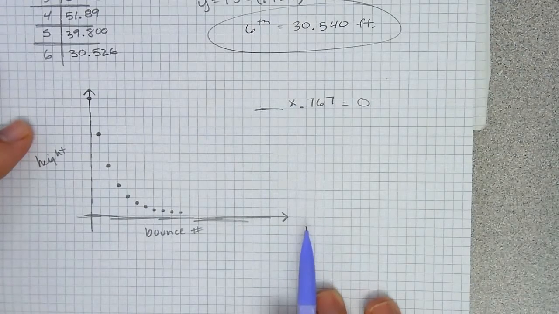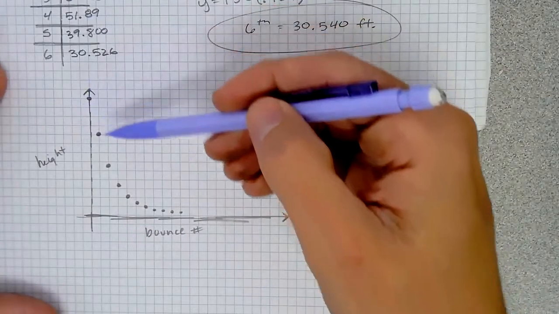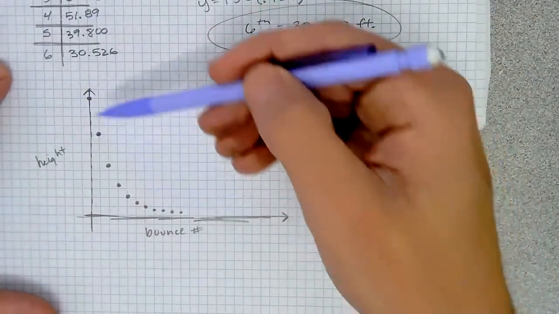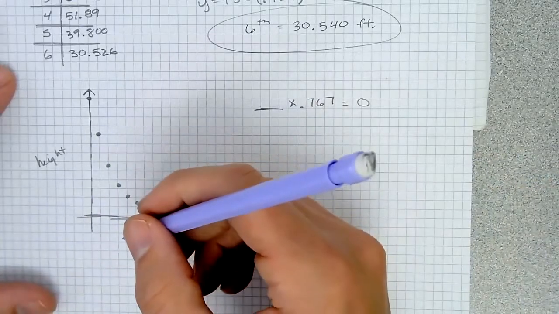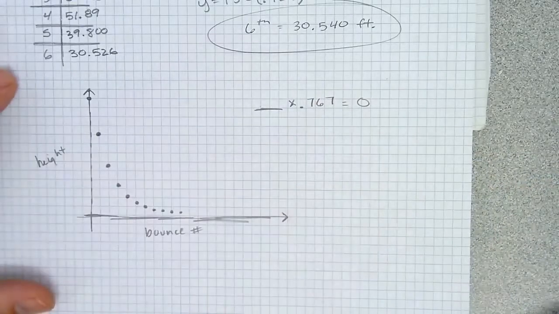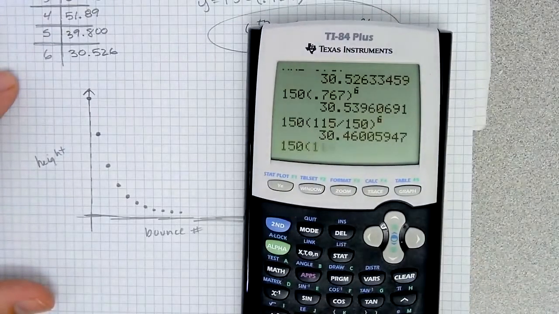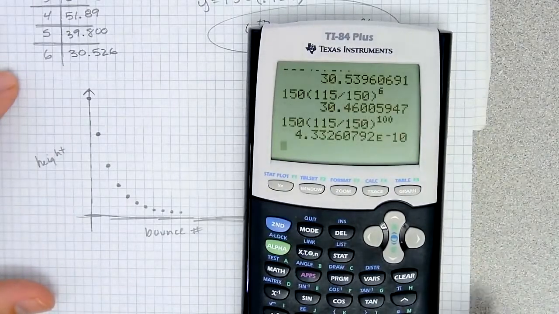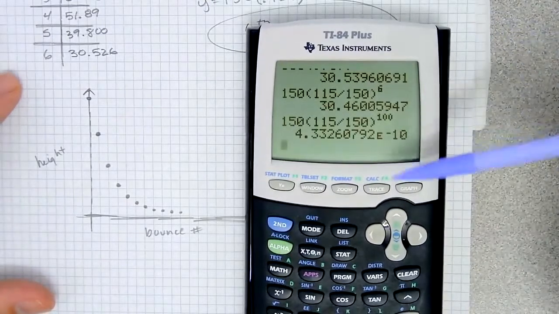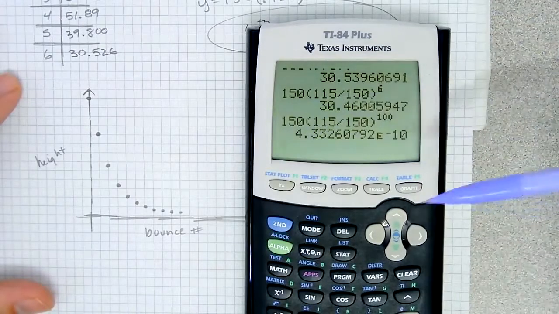Okay, and that's referred to as an asymptote. Okay, an asymptote is a line on a graph that your graph keeps getting closer and closer to, but is never actually going to touch. Okay, because even if you say, what's the 100th bounce? We get this number, this e to the negative 10 means we take this decimal and we move it to the left 10 places.